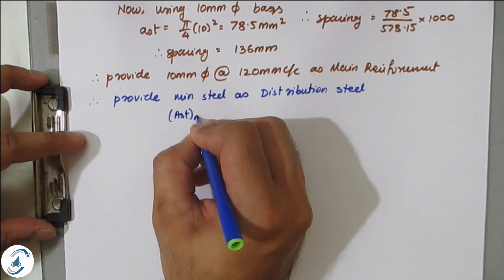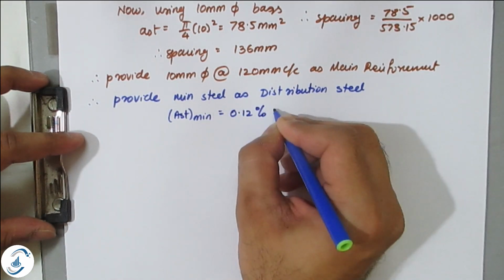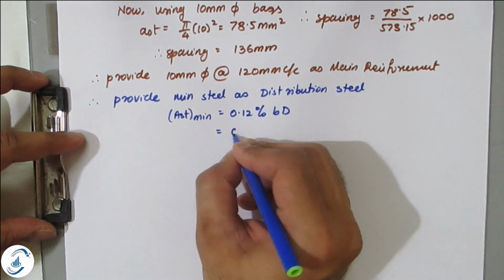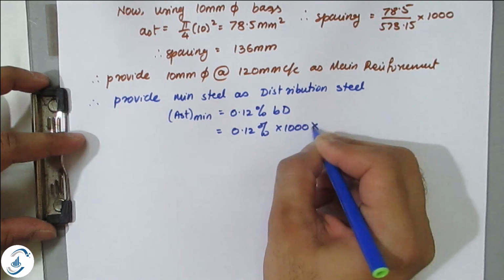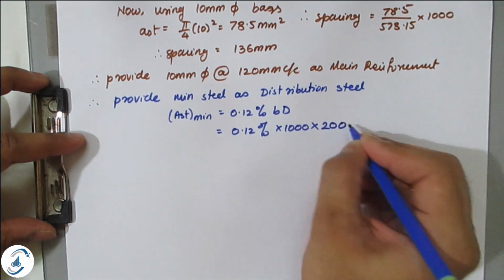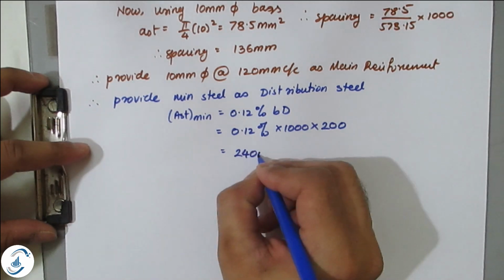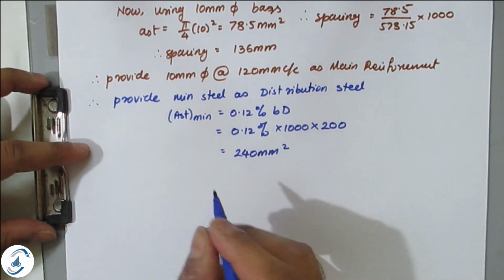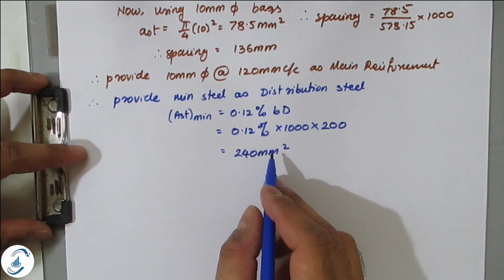So Ast minimum is equal to 0.12% of bD. So 0.12%, 1000 is your b, and total depth is 200, that is the thickness of the waist slab. So this comes out to be 240 mm square.